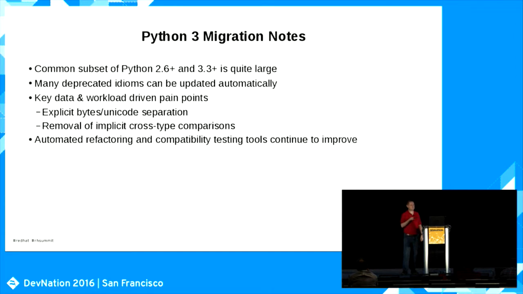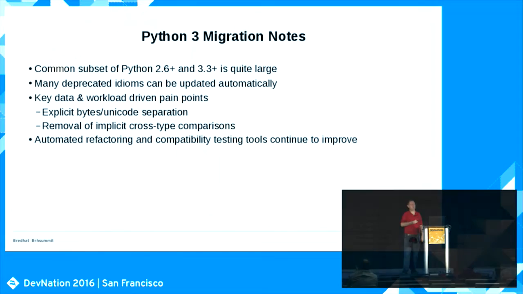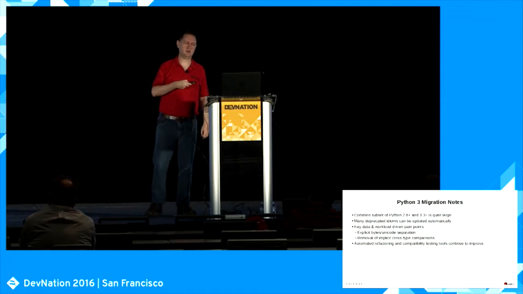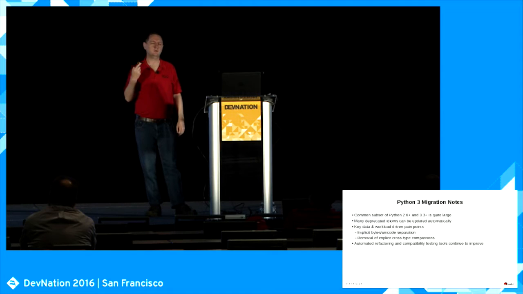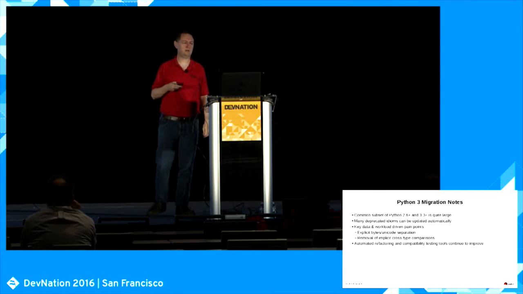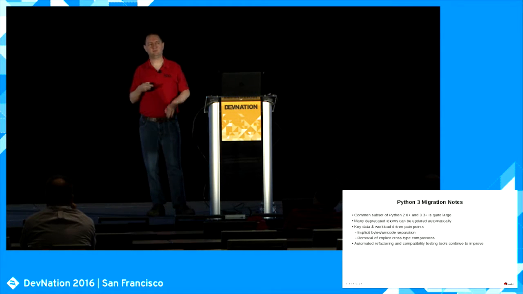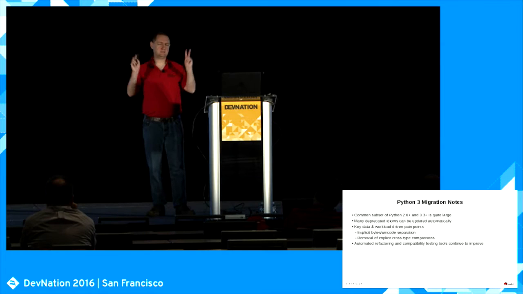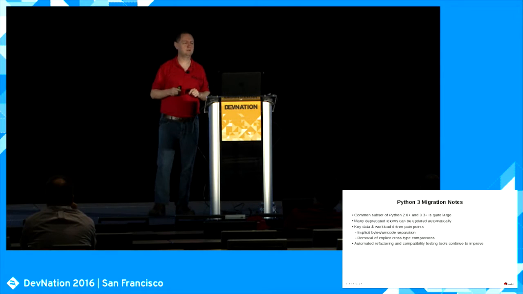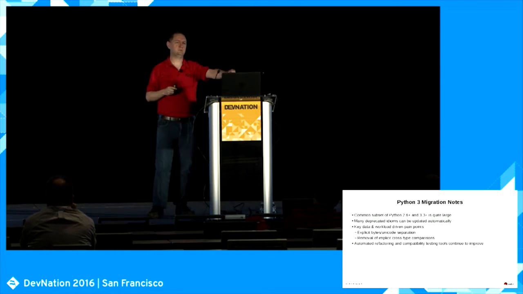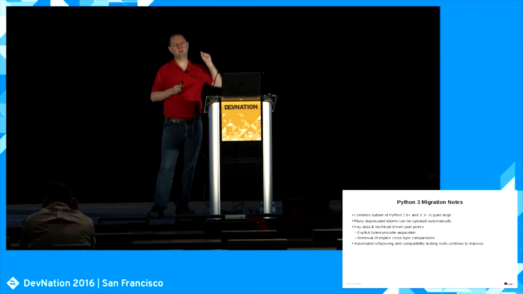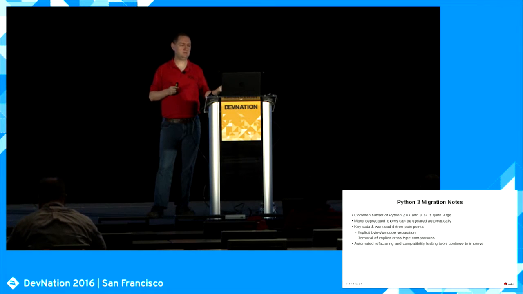And one of the other things to keep in mind here is that there's a lot of companies putting a bunch of time and energy into improving the available automated refactoring and compatibility testing tools. If people have seen any of the information about static typing and type hinting in Python, a lot of that's actually driven by this migration, because type hinting gives you much stronger static analysis.